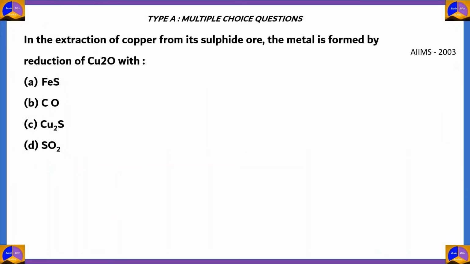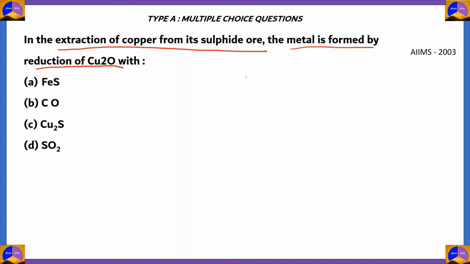Now, next question. In the extraction of copper from its sulfide ore, the metal is formed by the reduction of Cu2O with. So, extraction of copper from its sulfide ore. Copper is getting extracted, and you get pure copper metal as the product.